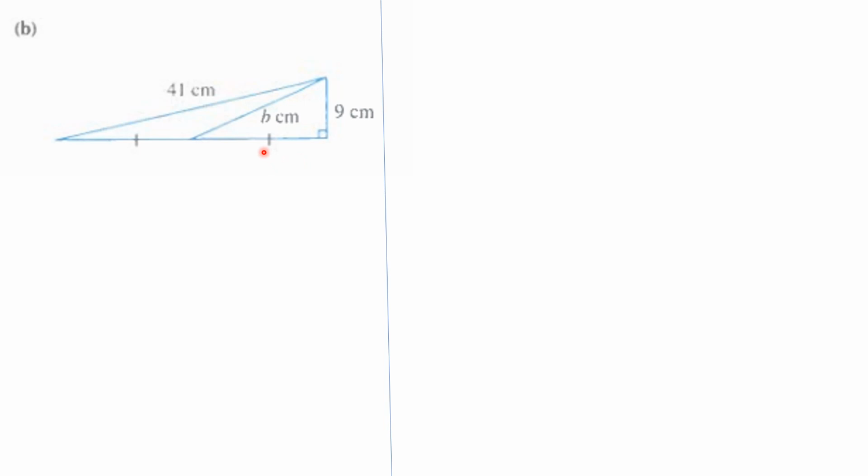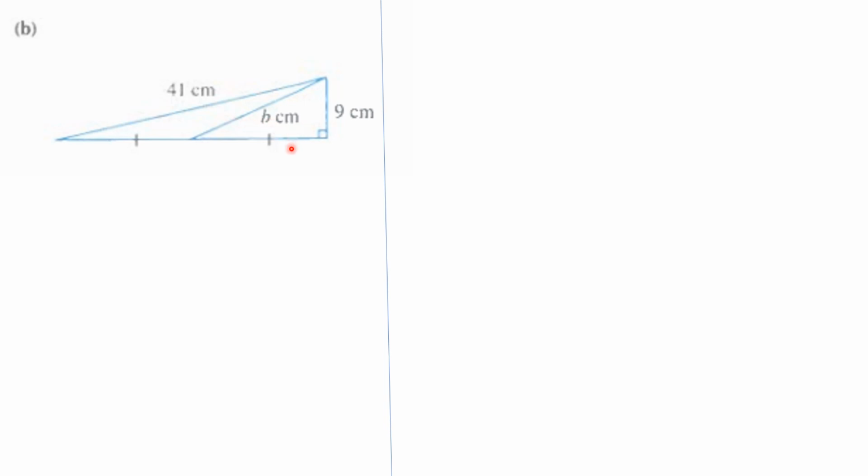Coming to part B of question number 9, we have this side given, this side is also given, and this one is the unknown side, right? Now when we look at the figure, we can identify two hypotenuse. This one is also the hypotenuse because this is opposite to the right angle, and this one is also the hypotenuse because this is also opposite to the right angle, right?